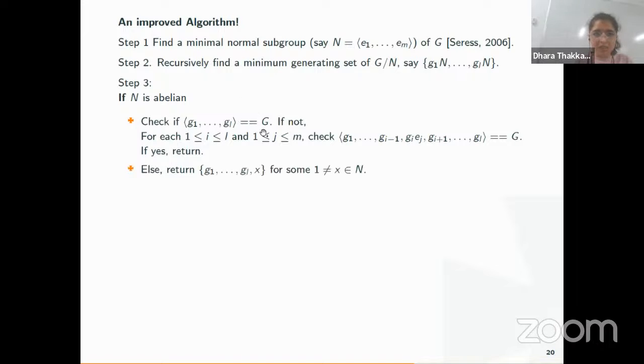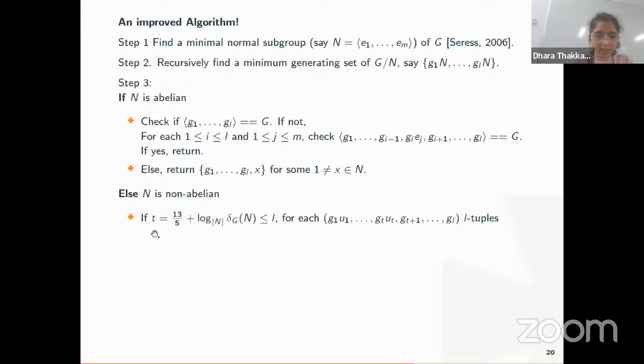If not, then we know that G will be generated by L plus 1 elements, and we can add an arbitrary non-identity element from N. So the crucial part is how we do the non-abelian case. If N is non-abelian, then we first check whether the T that we have defined is at most L or not. We have L recursively, which is the size of the generating set for the quotient group.